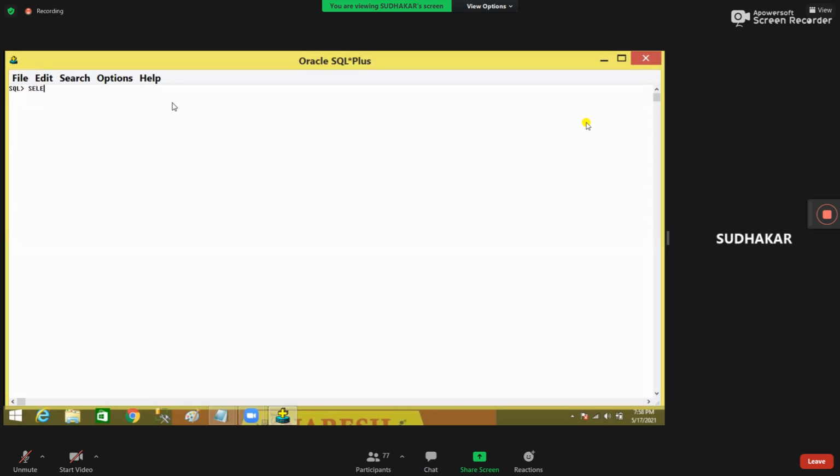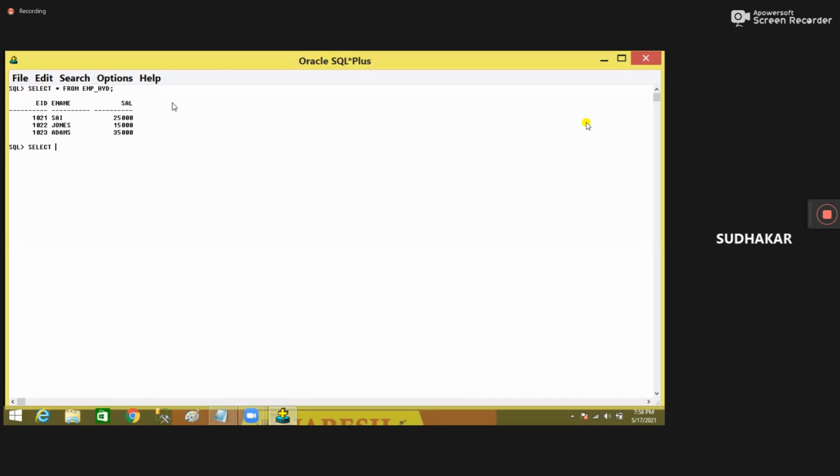Let you observe. One of my tables is EMP_Hyderabad, and another table is EMP_Chennai. These are the two tables. Carefully observe how I designed these two tables.